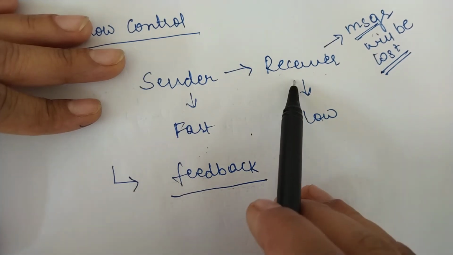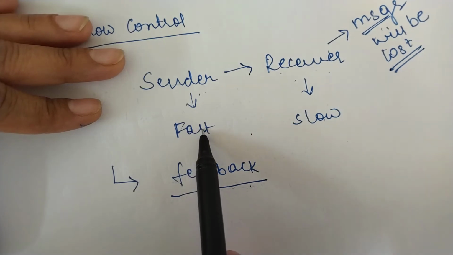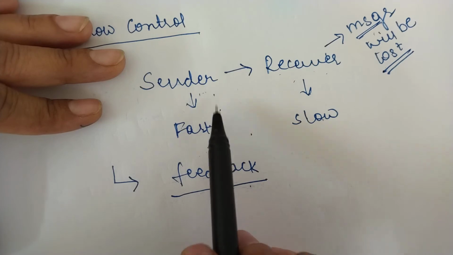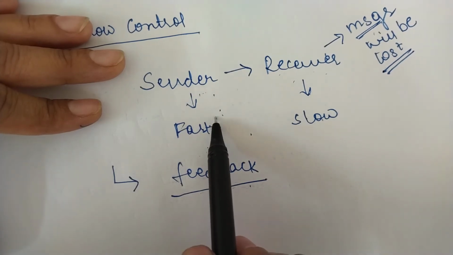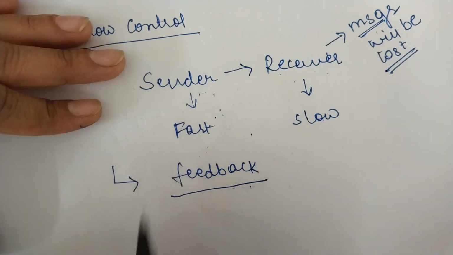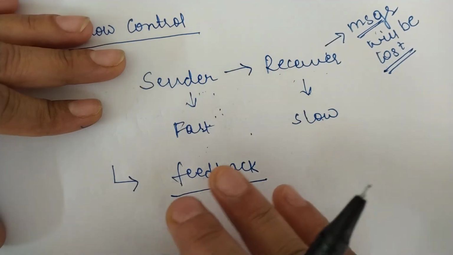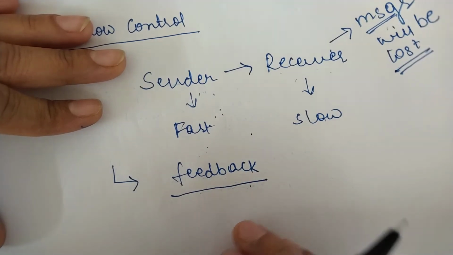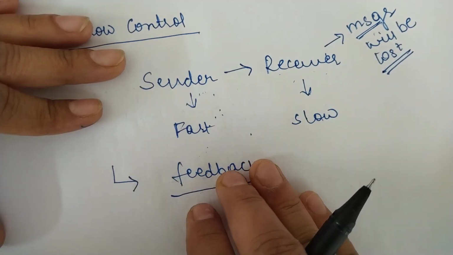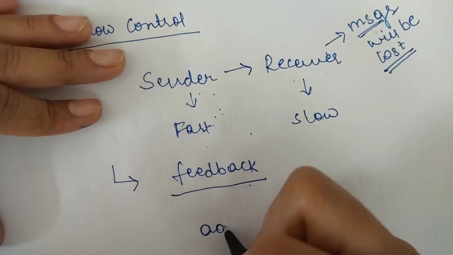So similarly, the receiver sends a feedback to the sender, and the sender now understands that it has to slow down its speed. It has to send the messages at a comparatively slower speed, right? This is one mechanism. Then another mechanism is to limit the sender to an agreed-on transmission rate. One is you get the feedback from the receiver and then you slow down your speed, and the other is that there is an agreed-on transmission rate.